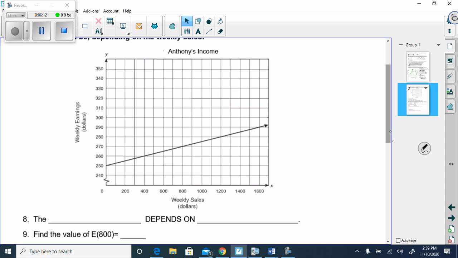So weekly sales is going to be my X, and X is the independent. That would mean that my earnings is Y, which is dependent.